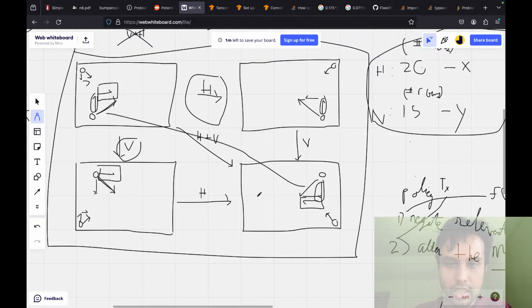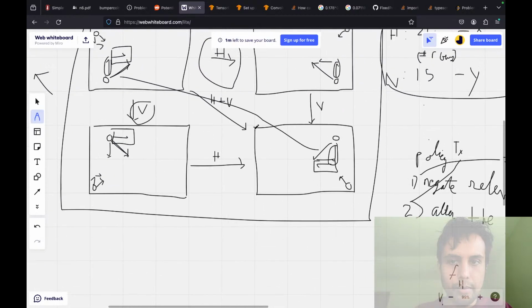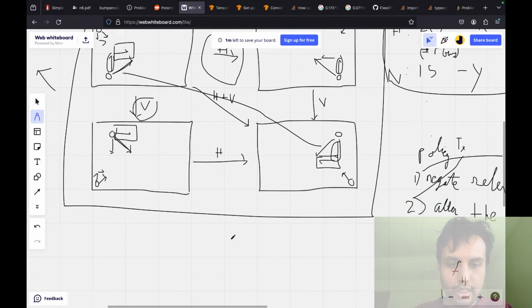That is correct. And now let's consider the whole thing. Basically what we're doing is reflecting about this line here. That's for transposing or for doing H and V. So this one right here, as we saw here, which is this direction from 1, goes to this direction right here, right? So 0, 1, 2, 3, 4, 5.